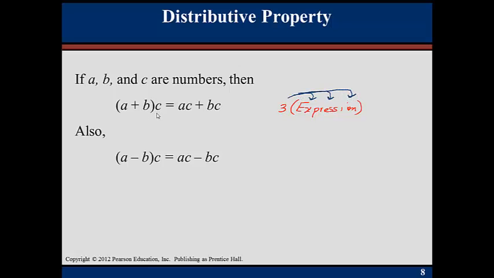So for their example, they had C on the outside, that represented their number, so they're going to multiply each term on the inside by C, so A times C, that's how they got AC, and then plus B times C, and that's how they got BC. You can do the same if you're subtracting on the inside, so again A times C is AC, and then minus B times C, which is BC.